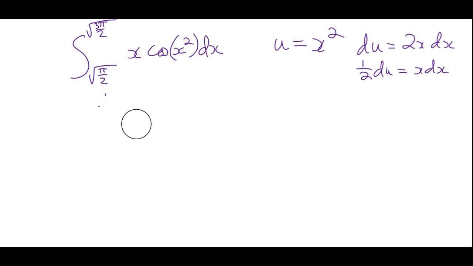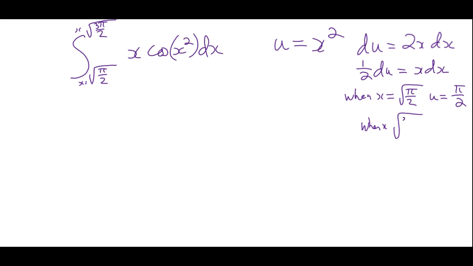Oh, but wait, we can't do that yet. Not yet. These are x's, right? So what's u? When x equals the square root of pi over 2, what's u? Just pi over 2, right? We're squaring it. And when x equals the root of 3 pi over 2, u is 3 pi over 2.